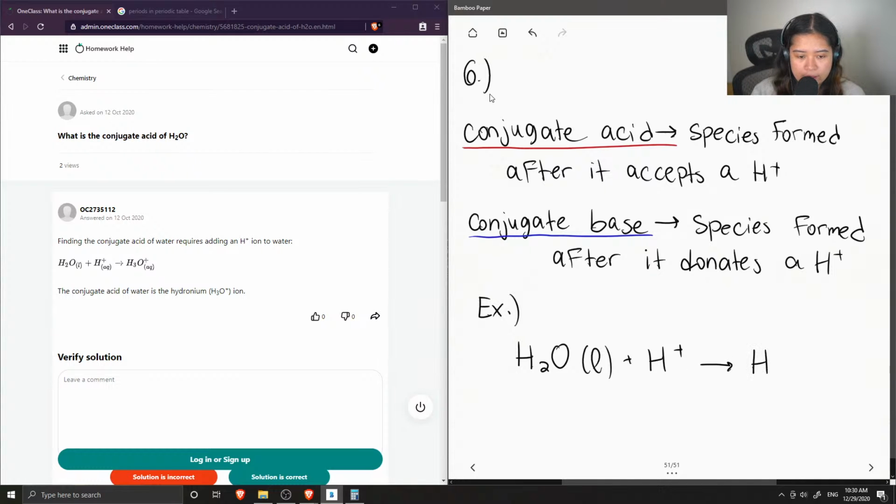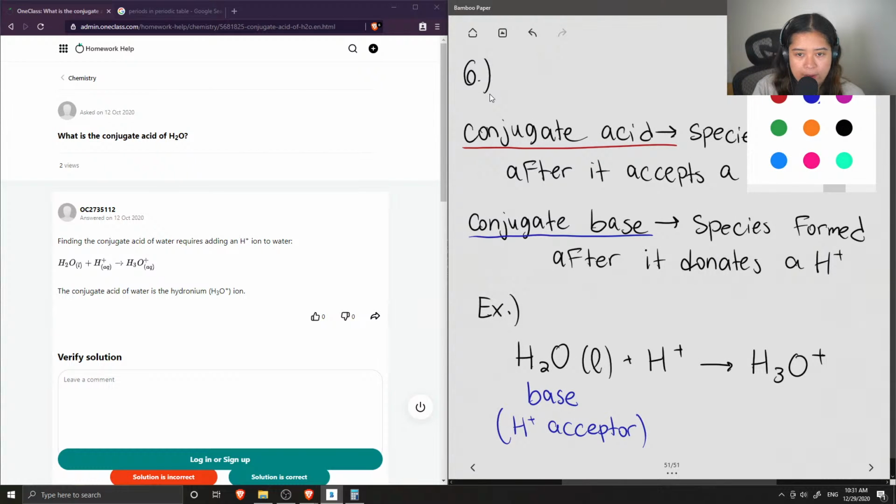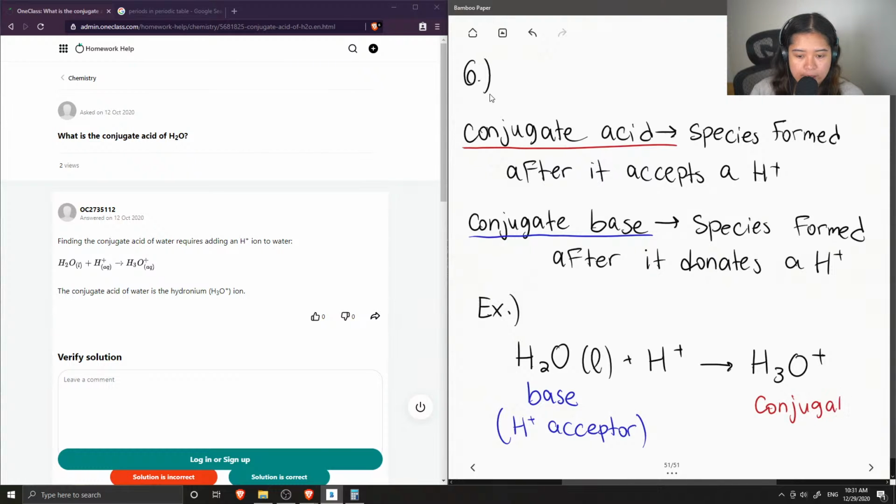This gives us H3O+. So our base in this case is the water, since it is a proton acceptor. And the species that was formed after it accepts a proton is the conjugate acid, which is H3O+.